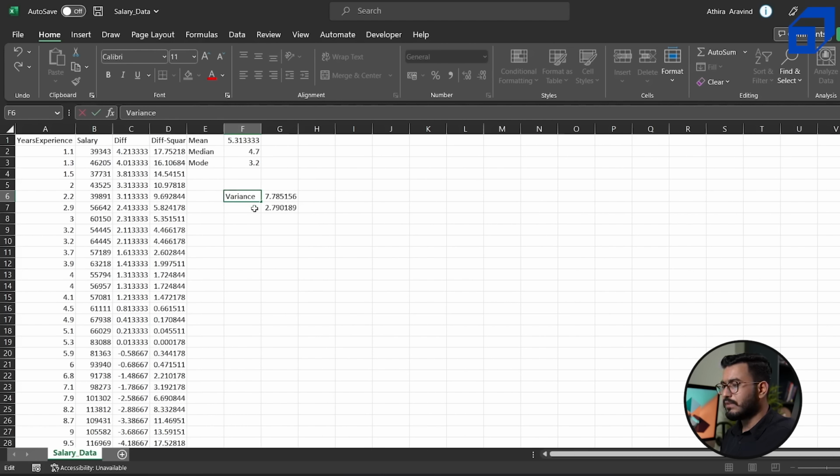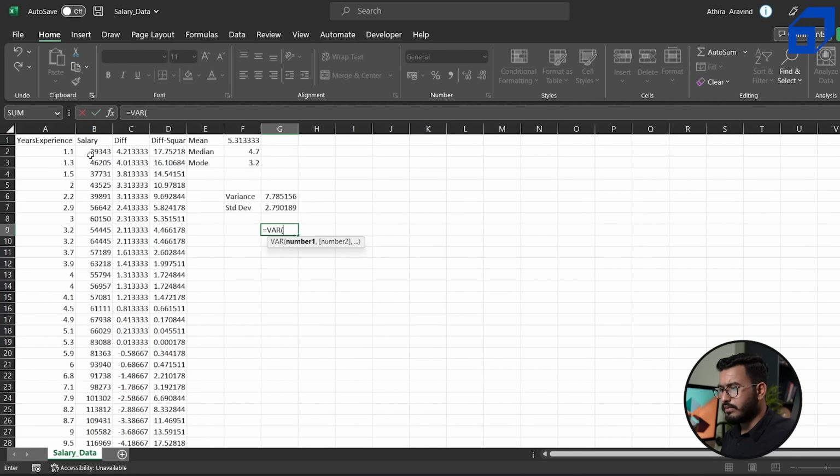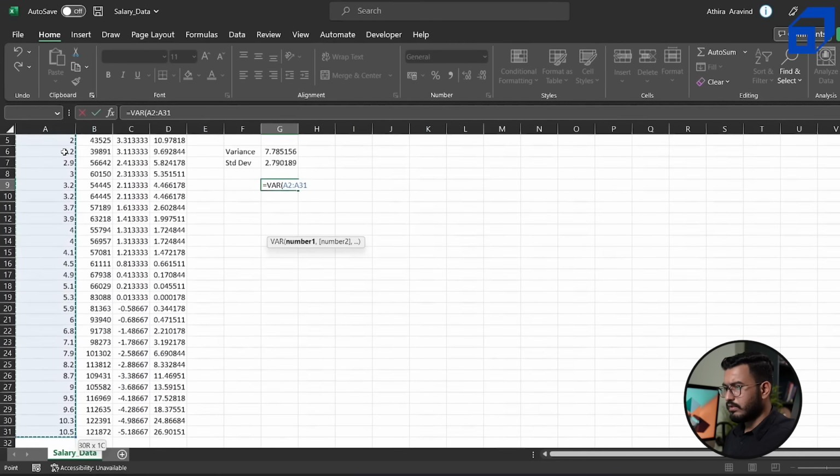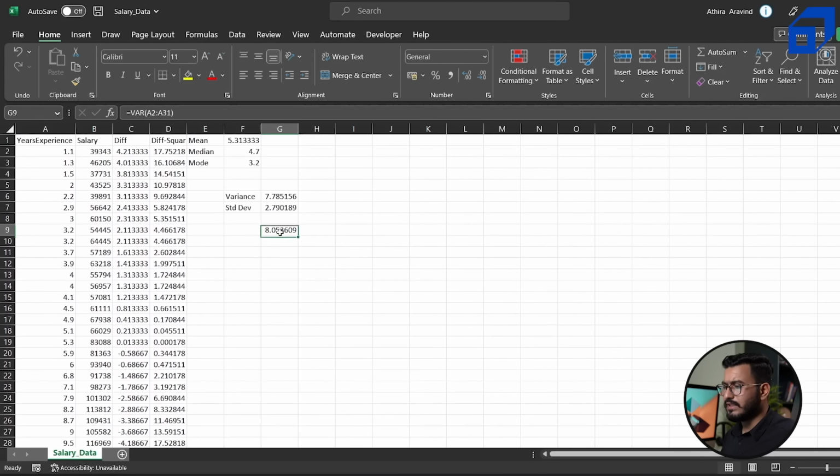And variance is something that is hard to interpret. That is the reason we use standard deviation. We have direct formulas to calculate these numbers in Excel also. For variance we have VAR over here, and it will give you almost the same answer, which is 8.5.